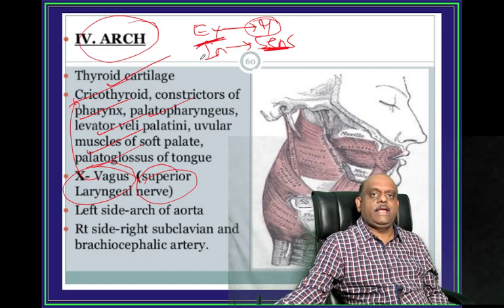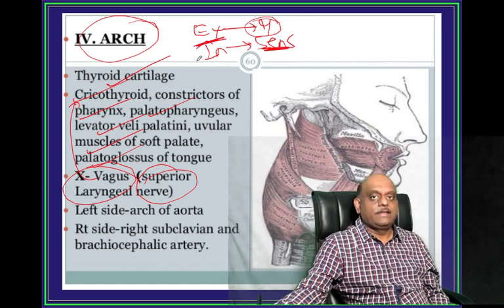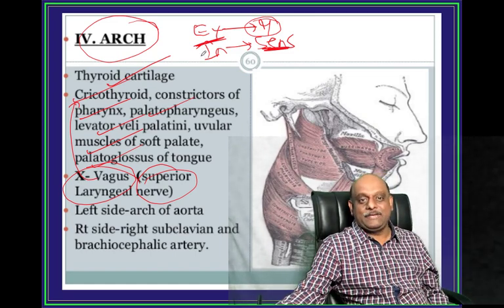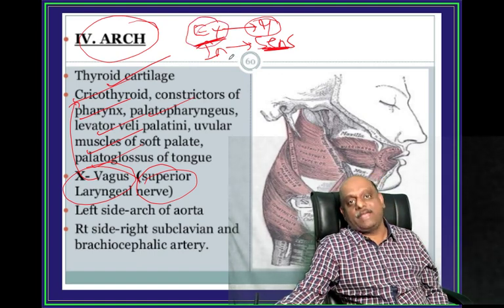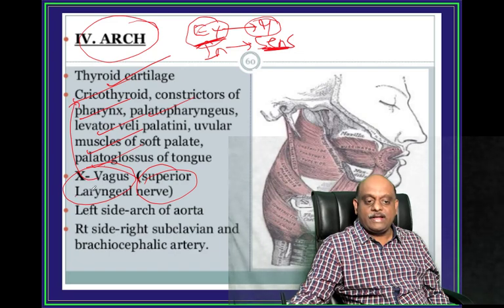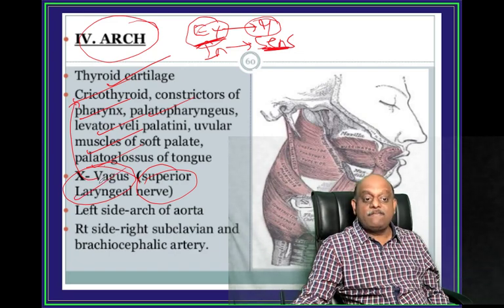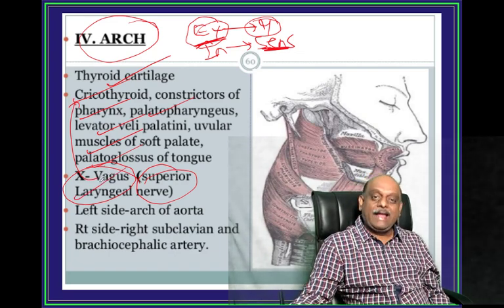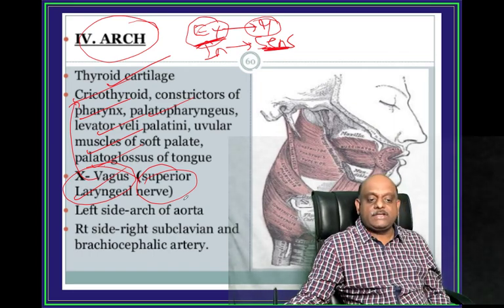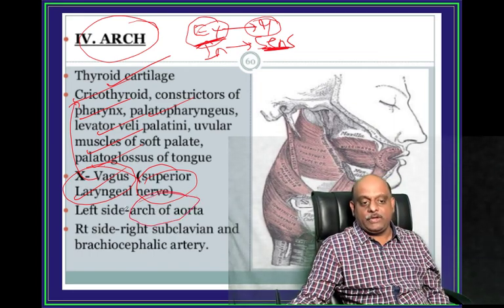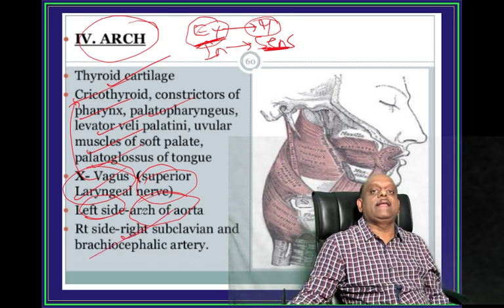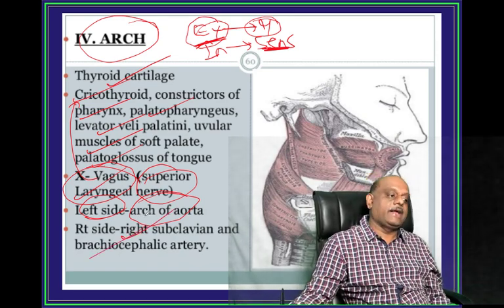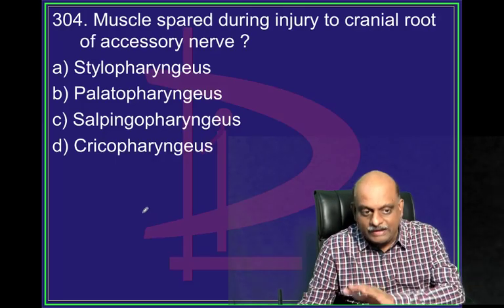All muscles of the larynx are supplied by the recurrent laryngeal nerve. The only one which is supplied by the superior laryngeal branch of the vagus is cricothyroid. The other day we have discussed it emphatically. And the fourth arch blood supply comes from the arch of aorta on the left side, and right subclavian and brachiocephalic artery on the right side, is what you have to ultimately remember.